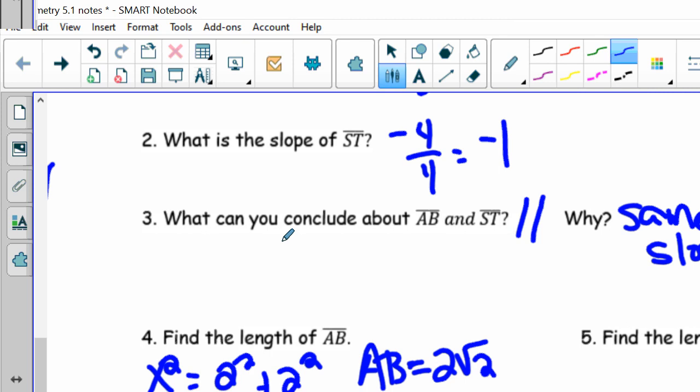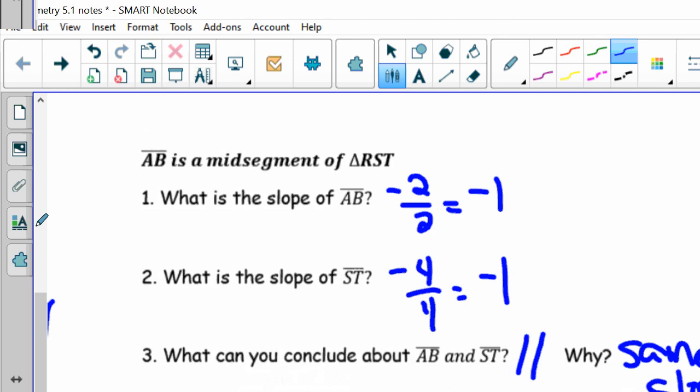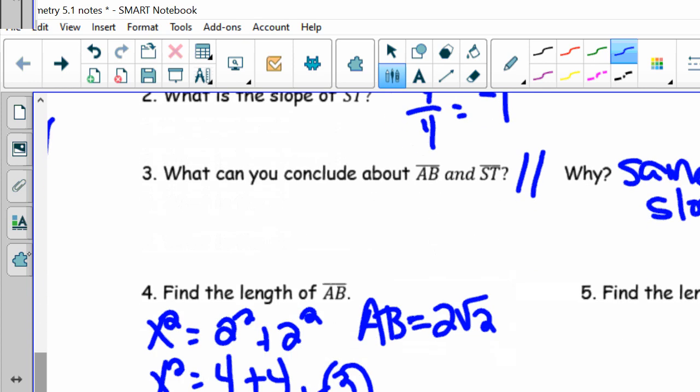So now we want to find the length of ST. So ST, again, I can make my triangle. This is 4 and 4. So again, the Pythagorean theorem, we would have x squared equals 4 squared plus 4 squared. So x squared equals 16 plus 16.